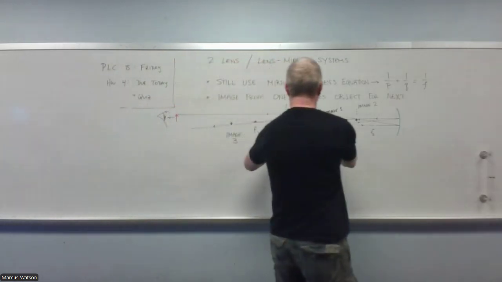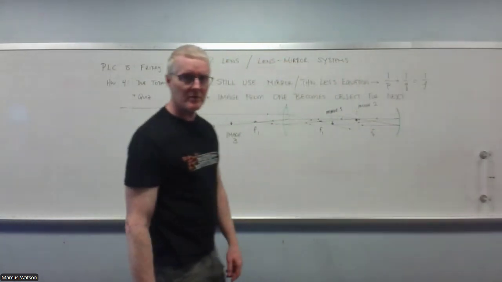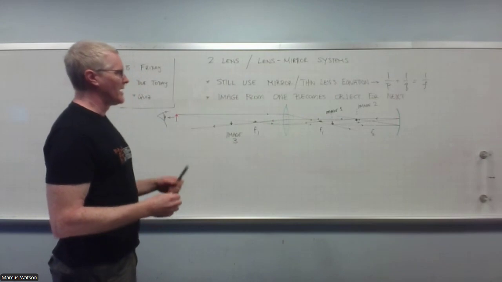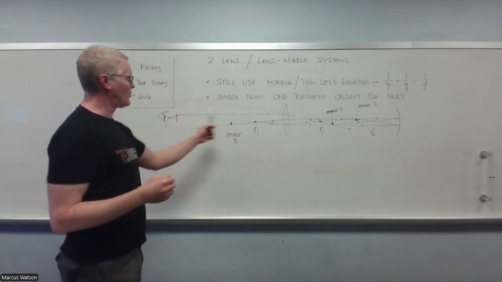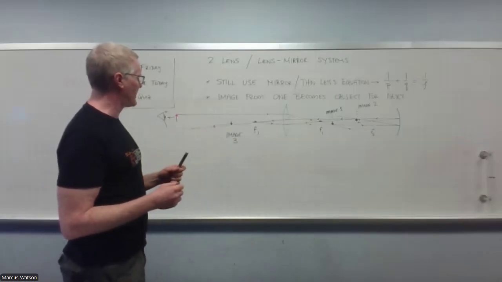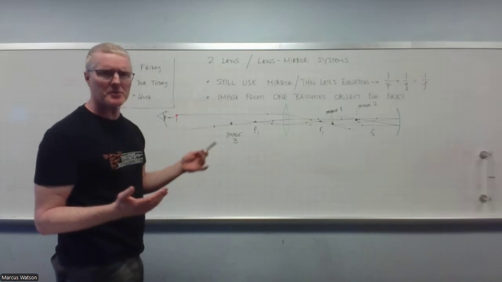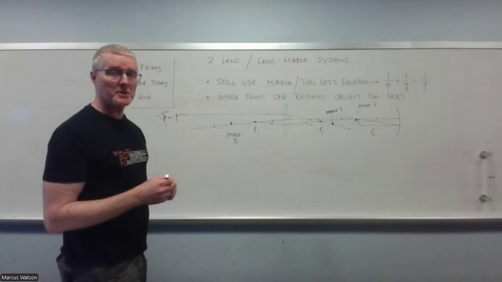Maybe this is about a 15 centimeter mirror, or maybe a 10 centimeter mirror, and the object is what? Oh, it's definitely double the focal length out of there, so maybe it's 60 centimeters away to start with like that. If we wanted to chase through some numbers really quickly, we could do that.